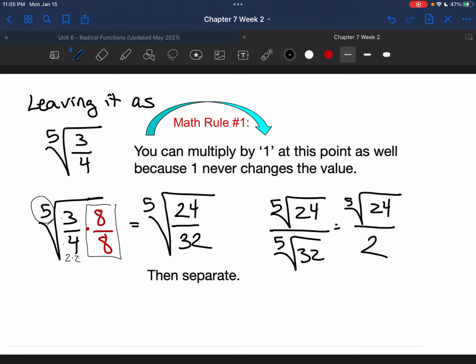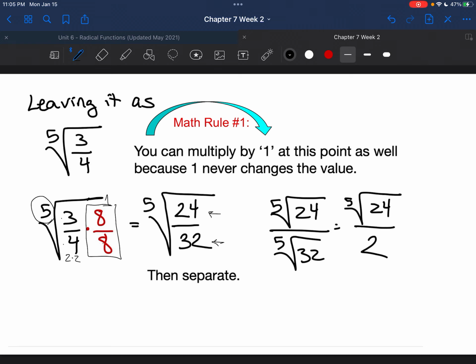So again, we're multiplying by this number 1 of 8 over 8, so that now we've got 24 on the top and 32 on the bottom. So I have forced it to be 5 of something. 32 is 2 to the 5th. So I have 5, I need 5, those cancel out. I just am left with a 2. My top stays the same. So we get the same answer both directions.